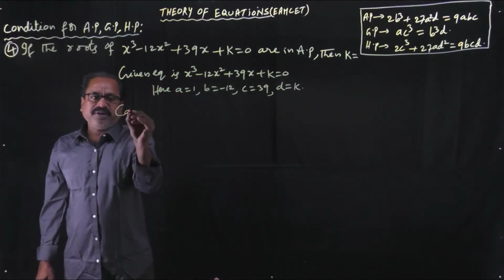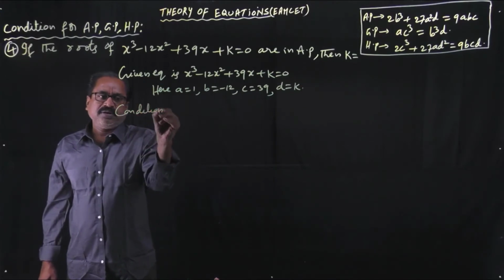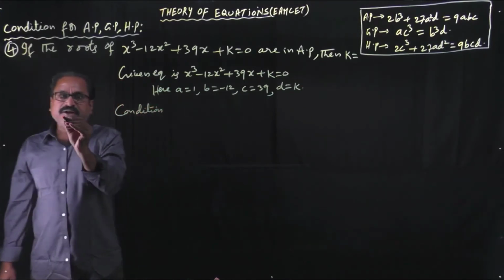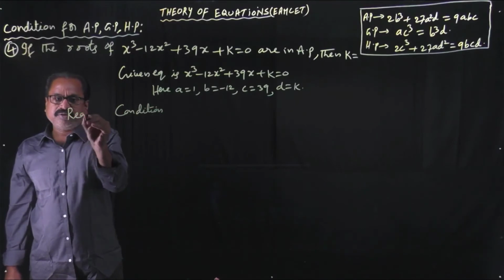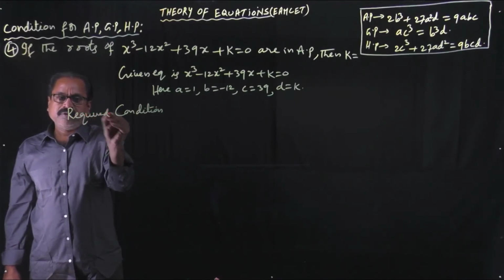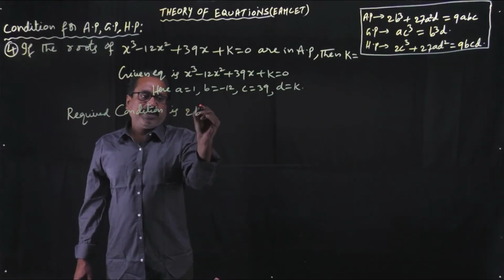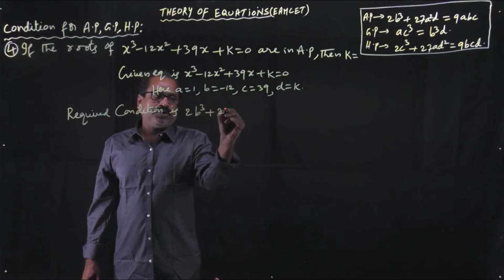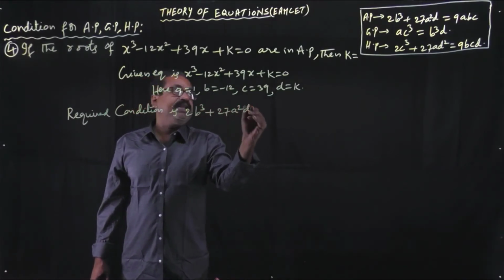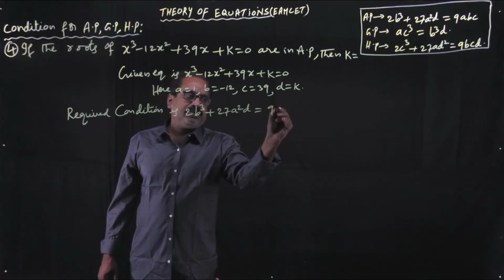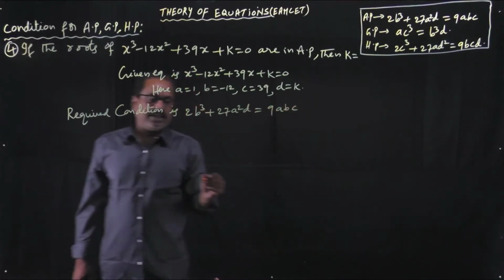So the required condition is 2b cube plus 27a square d is equal to 9abc.